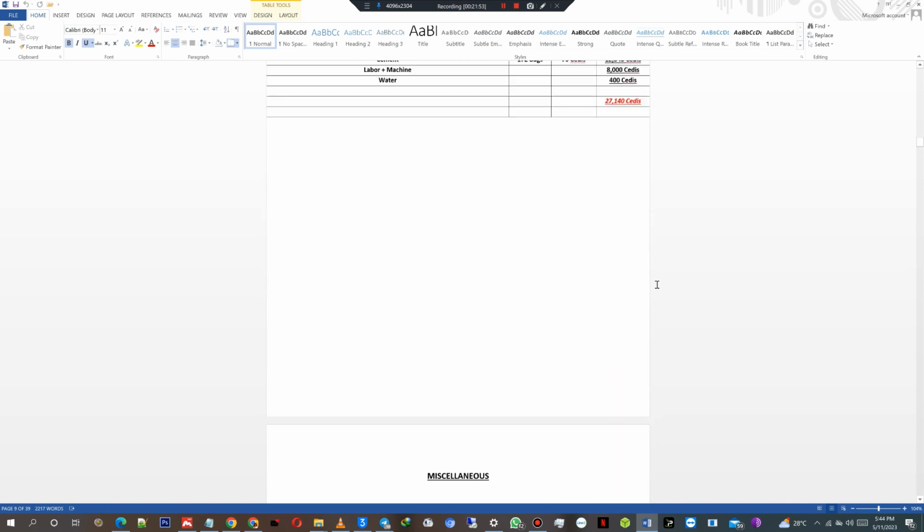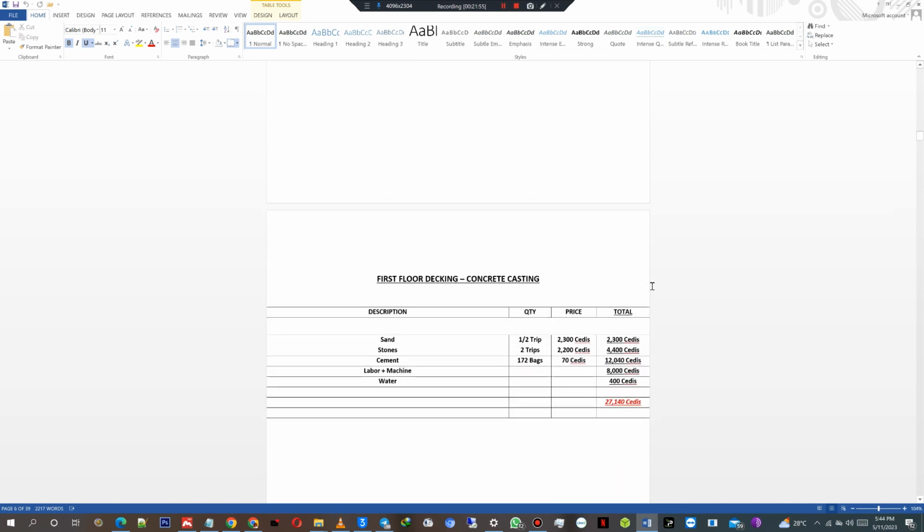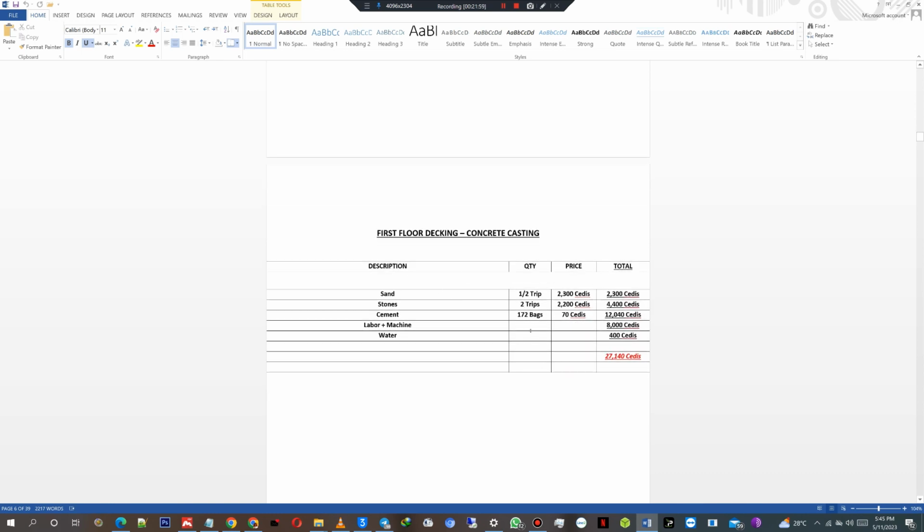So let's move to the casting of the first floor. For the casting of the first floor, we bought 1.5 trips of sand, which cost 2,300 Ghana cedis, and 2 trips of stones, which is 4,400 Ghana cedis, and we bought 172 bags of cement for the entire floor, which cost 12,014 Ghana cedis.